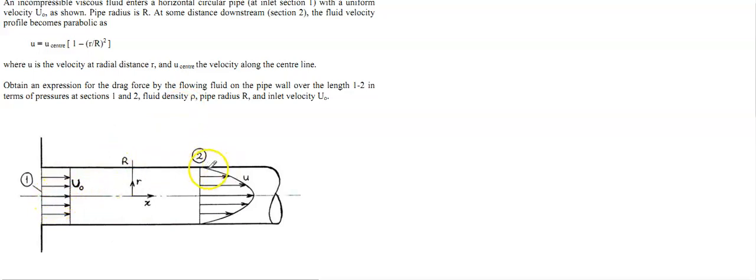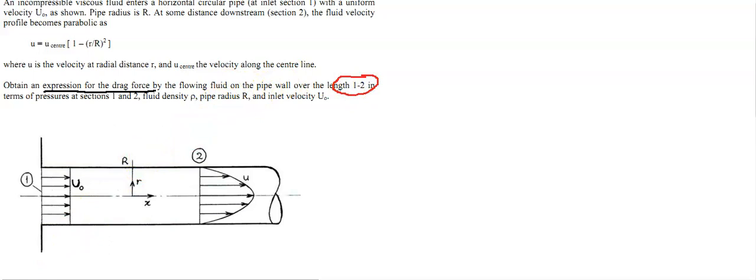At section 2 it becomes parabolic or fully developed flow, and now we know the radius, the radial distance and the velocity along the center line. We need to obtain an expression for the drag force for the length between 1 and 2.